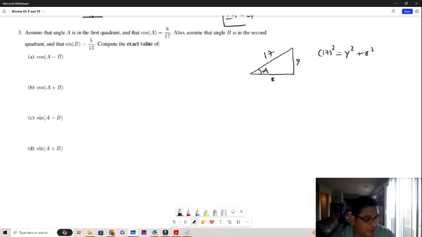Okay. And now, of course, I need to find out how much that is. So I'm going to go by 17 times 17, which is 289, equals y squared plus 64. And so 289 minus 64 equals y squared.